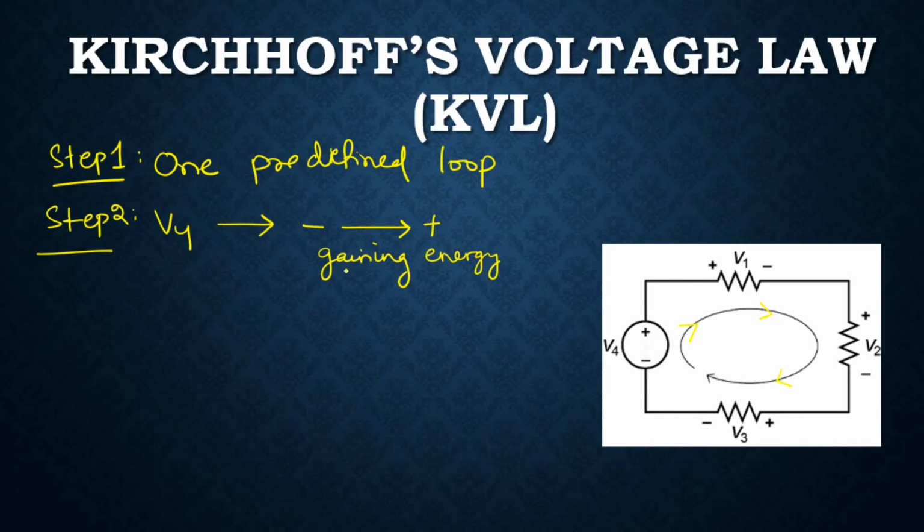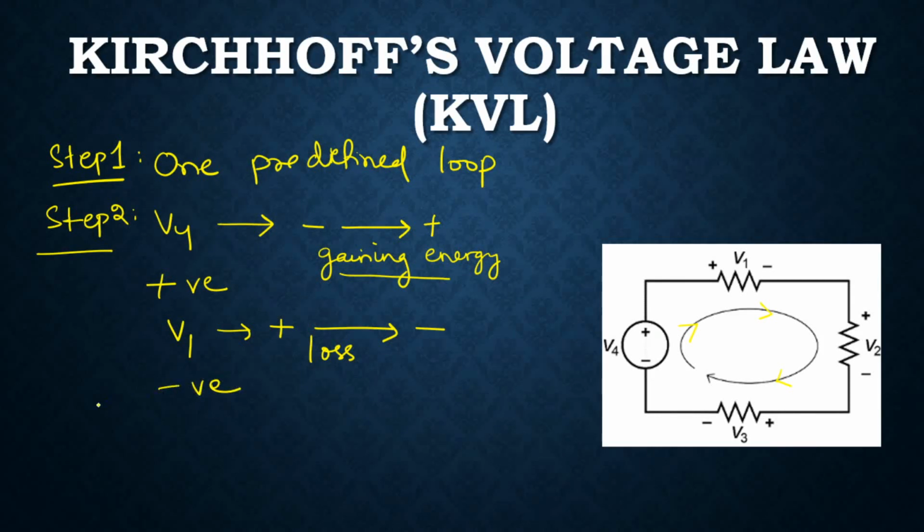So you are gaining energy, and if you are gaining energy, then I will take gain as positive. Now the second case, V1. In the case of V1, you end up losing energy, that is, you are traveling from positive to negative, so you are in loss. So I will take this as negative.